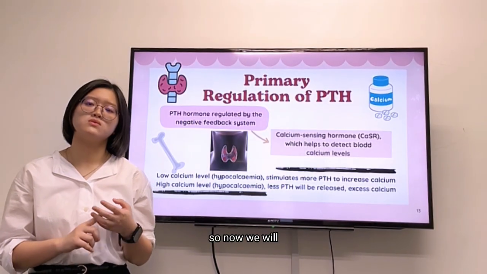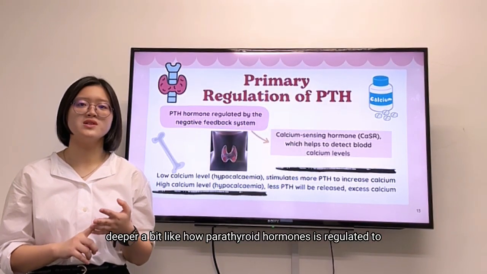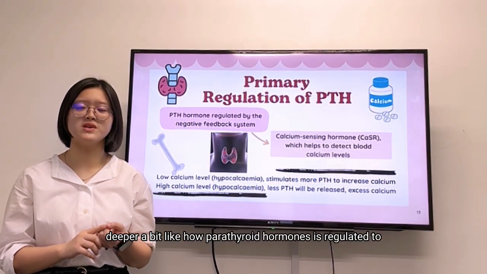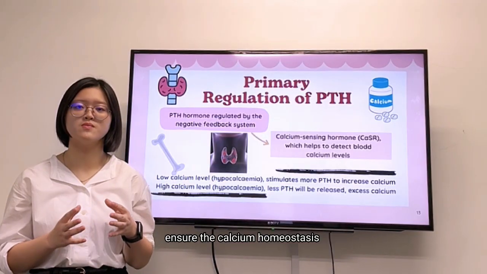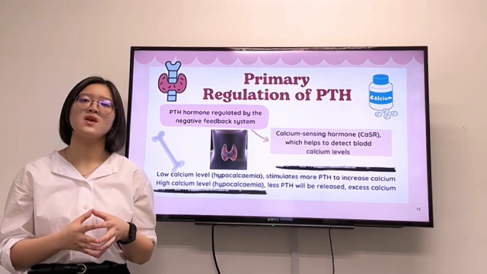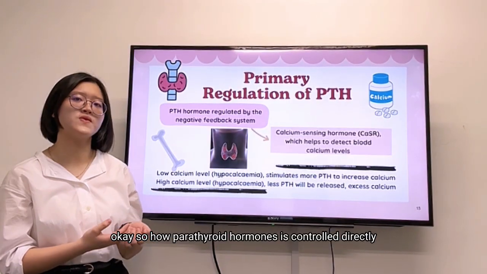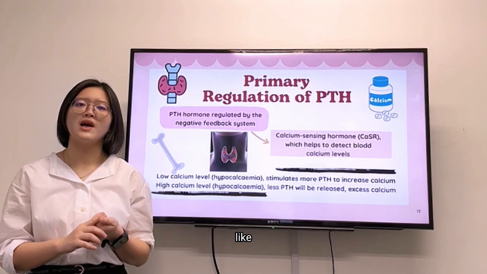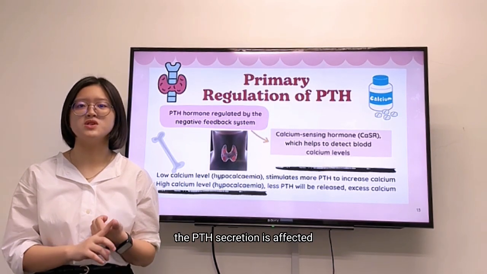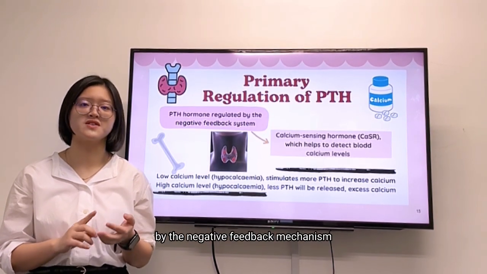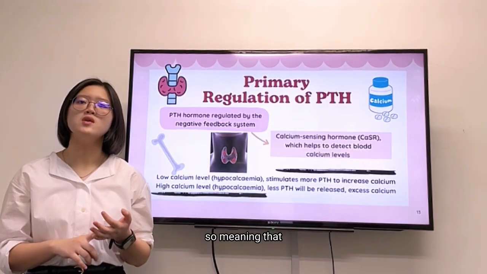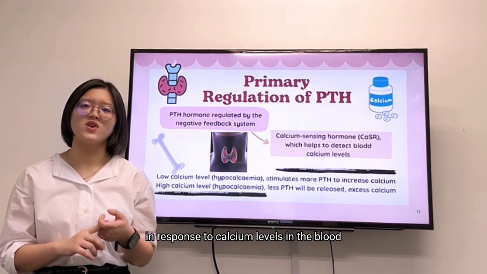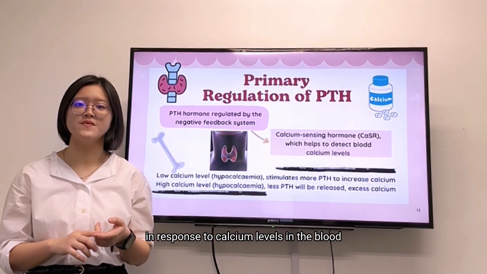So now we will look a bit deeper into how parathyroid hormone is regulated to ensure calcium homeostasis. Parathyroid hormone is controlled directly by the calcium levels. PTH secretion is affected by a negative feedback mechanism, meaning that it is regulated in response to calcium levels in the blood.